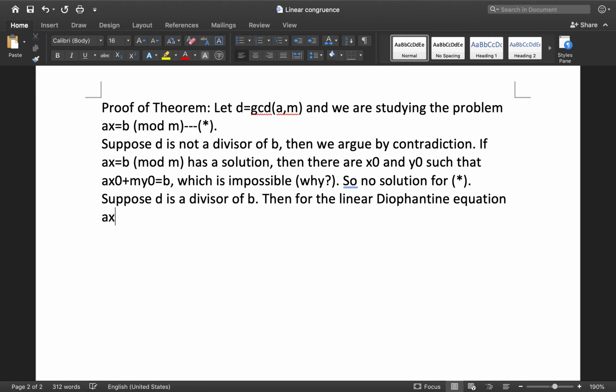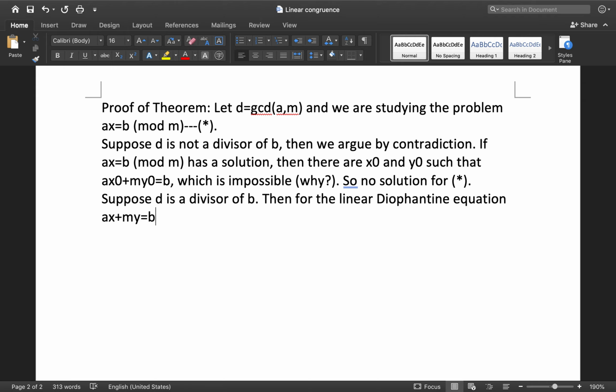We look at another problem, the linear Diophantine equation ax plus my equals b.